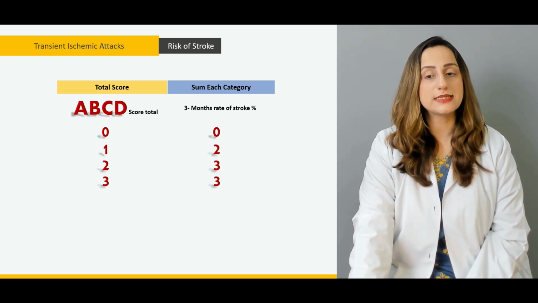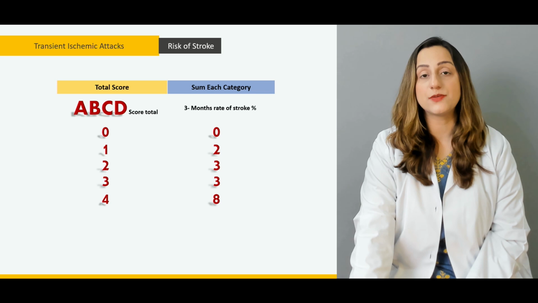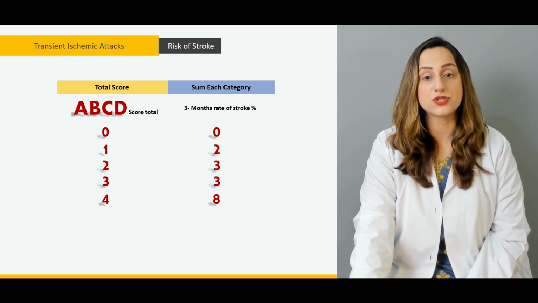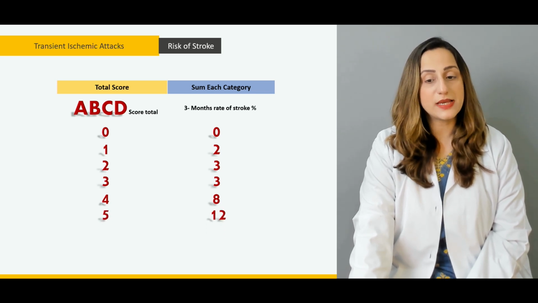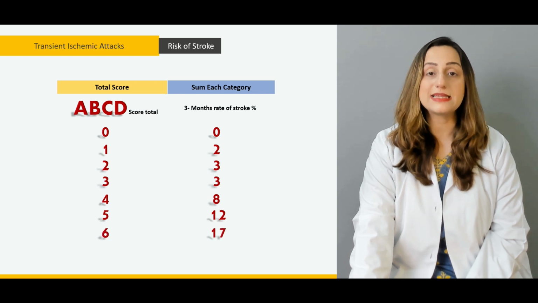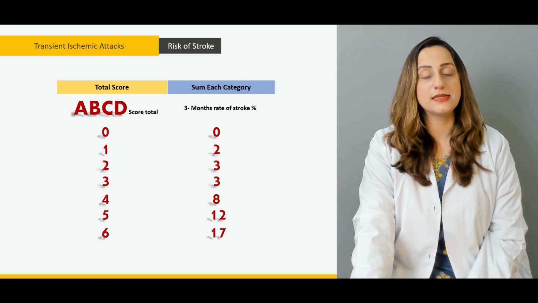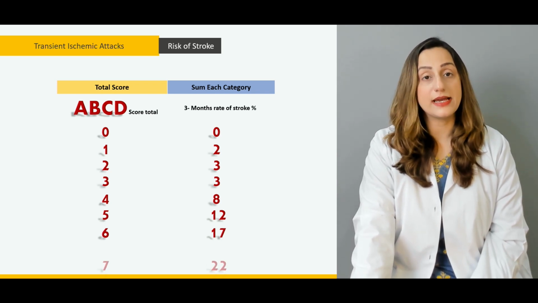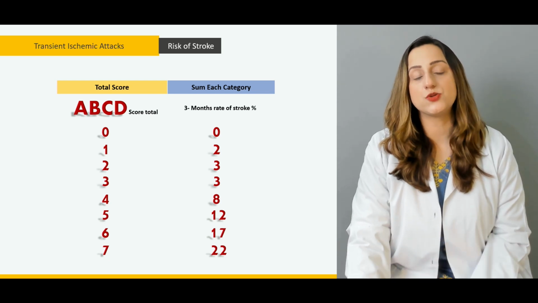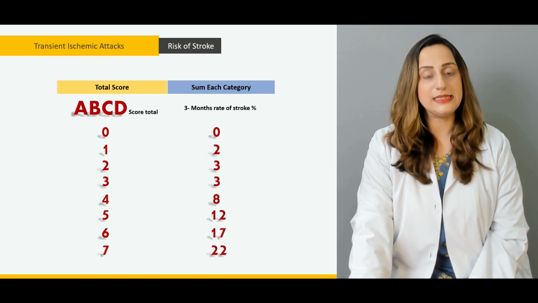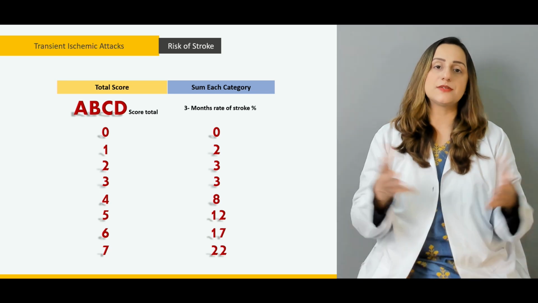A 3 score is indicating a 3% chance of stroke in this particular individual. A 4 is indicating an 8% chance of stroke in a 3-month rate. Then 5 gives a 12% chance of stroke, and 6 is indicating a 17% chance of stroke. This is a categorizing method that we see, and 7 gives a 22% chance of stroke in the individual. So this is one of the systems that is devised.